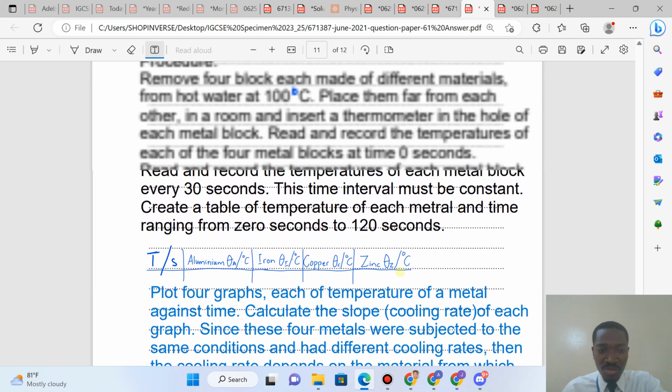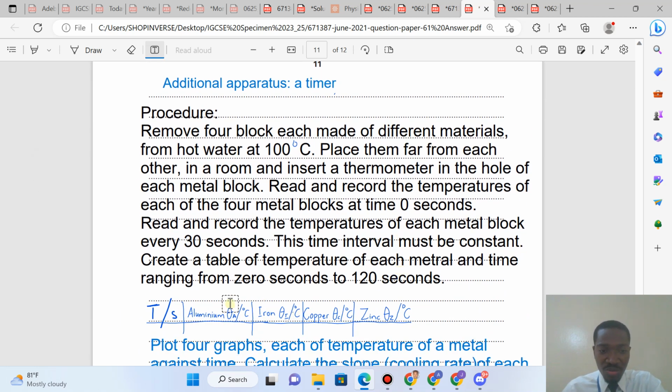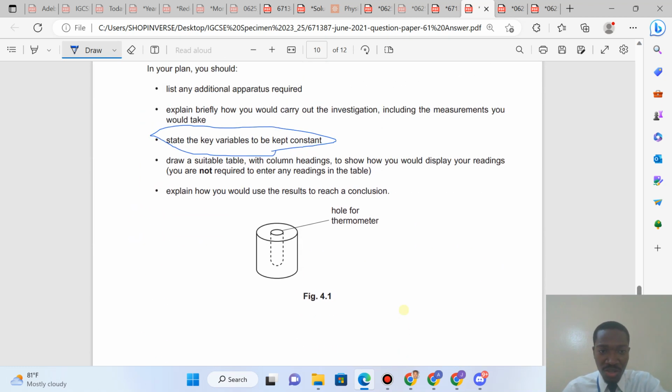So yes, now that is the table. Okay, you create a table, you have time here, then you have the temperature of each metal. The first metal is aluminum, temperature of aluminum in degrees Celsius. The second thing is iron, temperature of iron in degrees Celsius, temperature of copper in degrees Celsius, and zinc temperature in degrees Celsius. Okay, what else do you have? The question then asks us that you draw a suitable table.